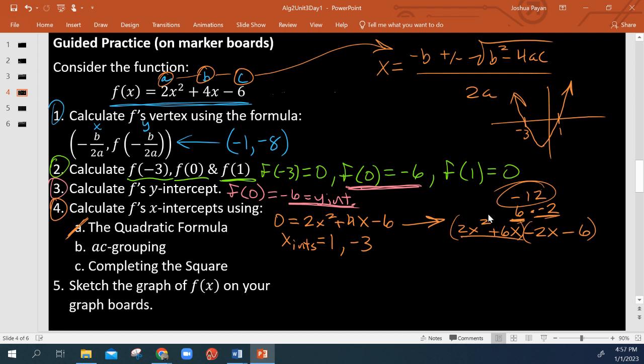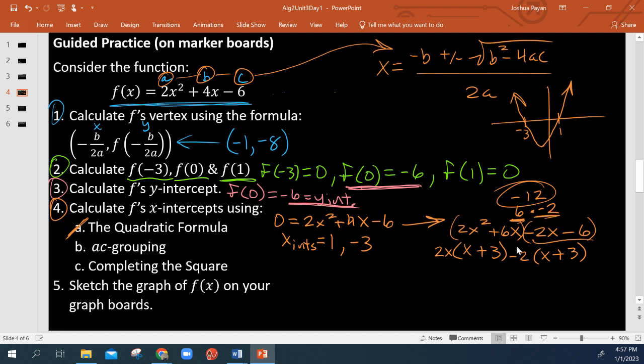Here in this left term, we see that we have a GCF of 2x. When I factor out the 2x, that leaves me with x plus 3. Over here, we see that we have a GCF of negative 2. So I'm going to factor out a negative 2, and we're left with x plus 3 again.